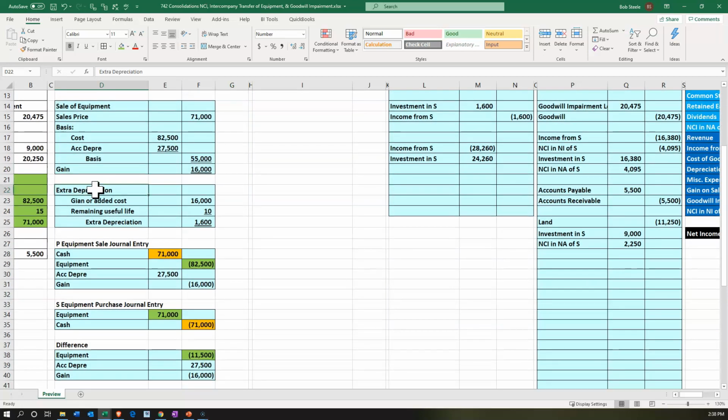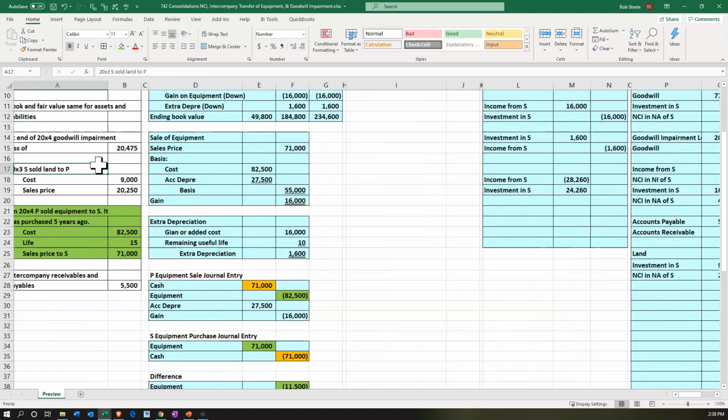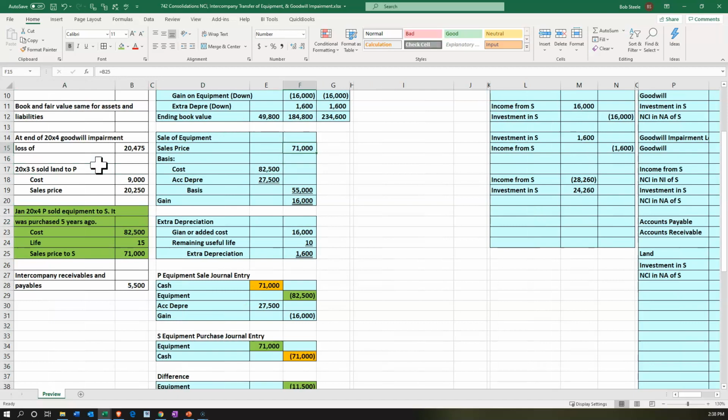Okay, so to do that, let's think about this transaction again, just real quick. This equipment was sold. Here's the equipment that was sold. It was sold for $71,000, cost $82,500, with accumulated depreciation of $27,500. Therefore, the book value or basis is $55,000, and the gain is 71 minus the 55.